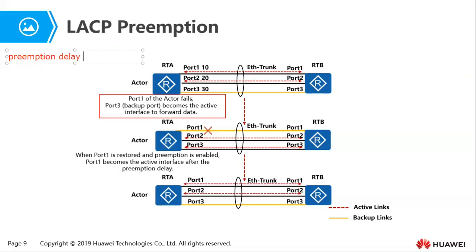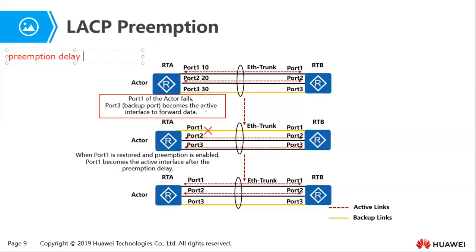The reason is so that all the MAC addresses that are associated with the link that has gone down can be cleared. This gives time to the interconnected devices to clear the data for the interface that has gone down. So that is what we call the preemption delay.